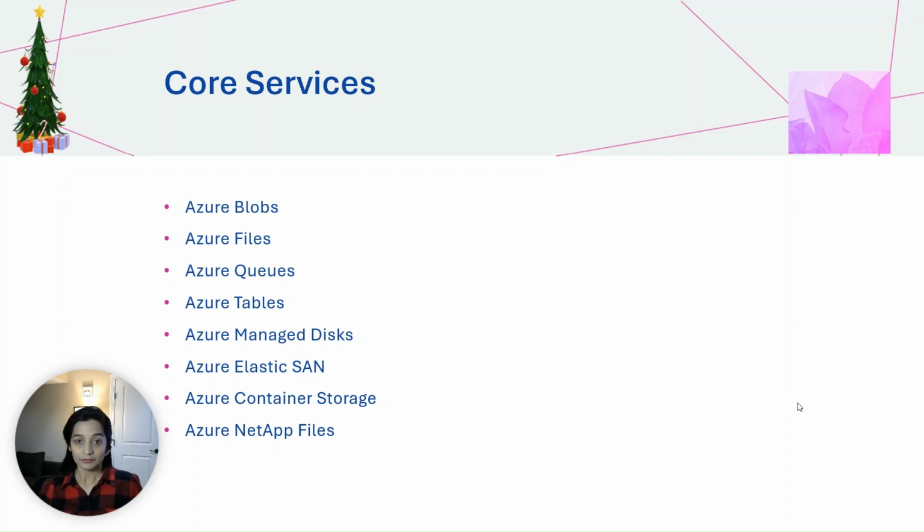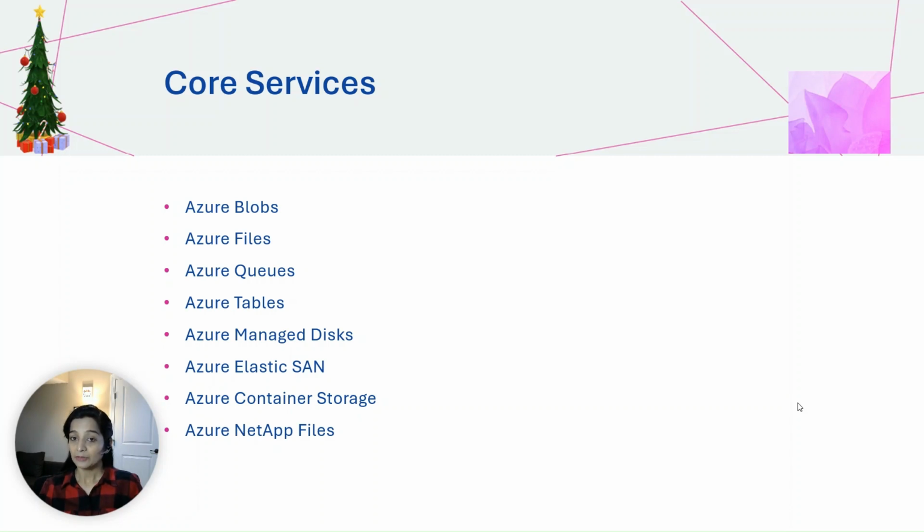Next up is Azure Files. These are managed file shares for cloud or on-premises deployments, and these are ideal for shared drives. Then we have Azure Queues, which is a messaging store for reliable messaging between application components. Azure Tables.